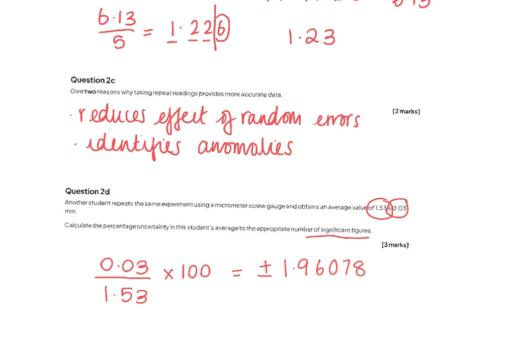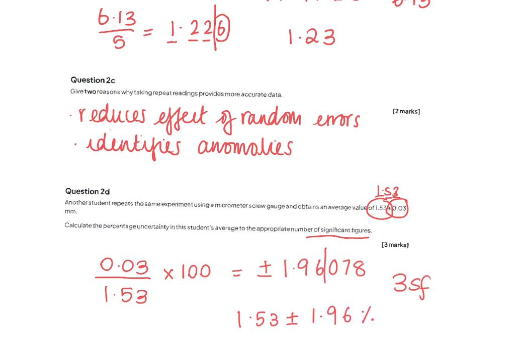It goes on a little bit more, but we're going to round it to 3 significant figures because that's what we've got in the question. 1.53, that's 1, 2, 3 significant figures. So what we're going to do is we're going to write 1.53 plus or minus 1.96%.